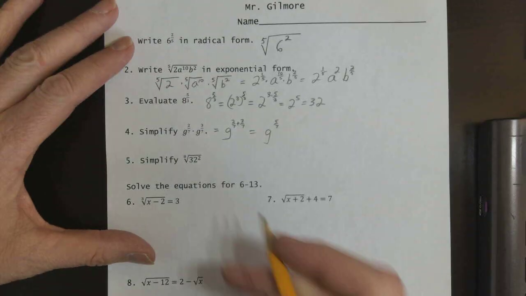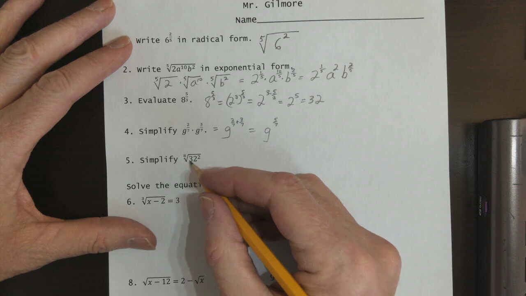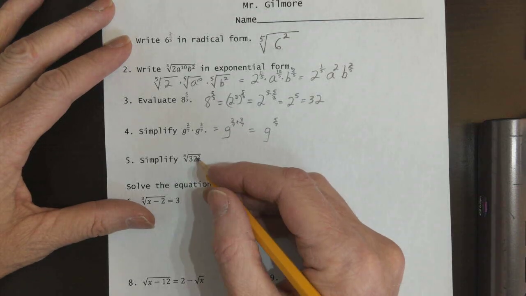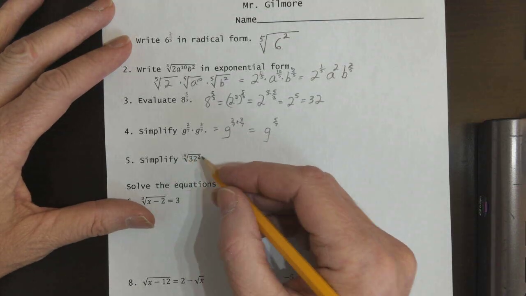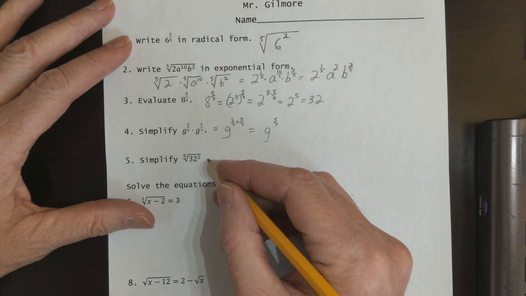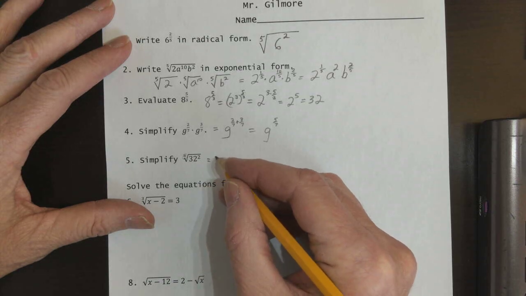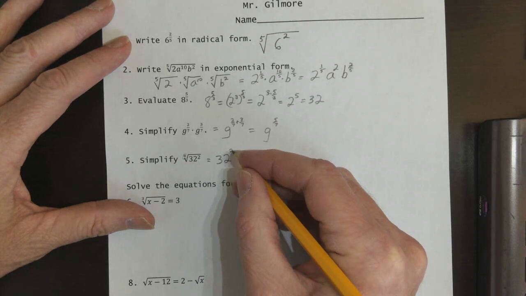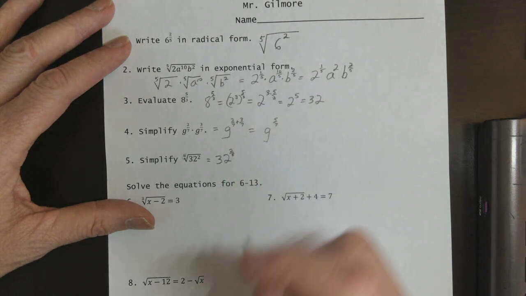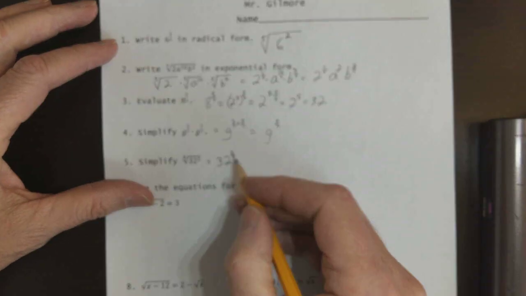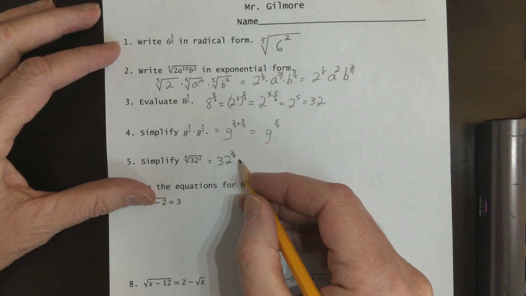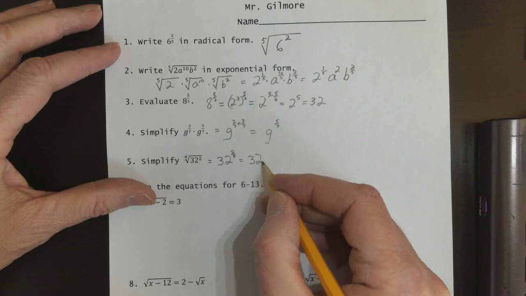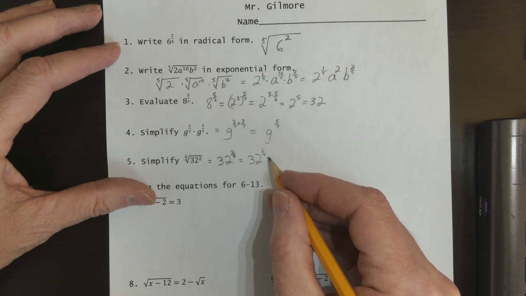And then number 5 here, it's the 8th root of 32 to the 2nd power. I'm going to change this first to a rational exponent, fraction exponent. And that's 32 to the 1/4 power.